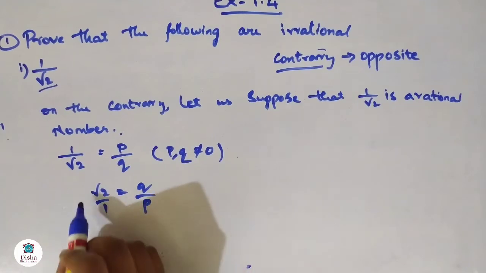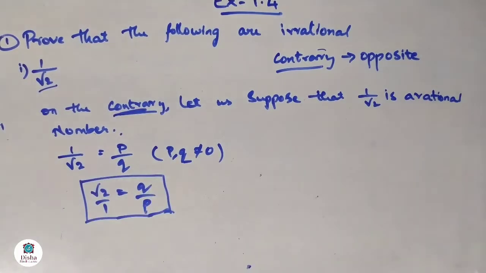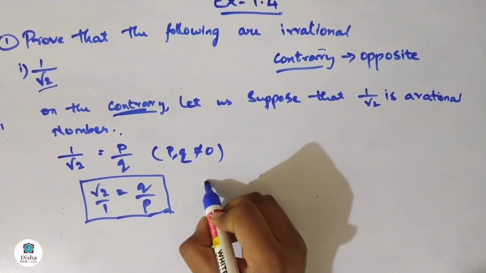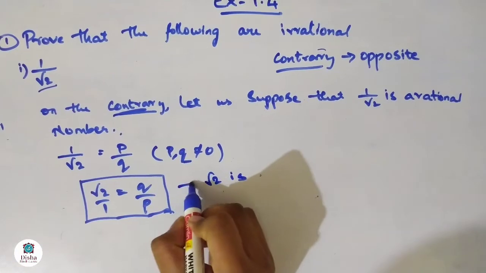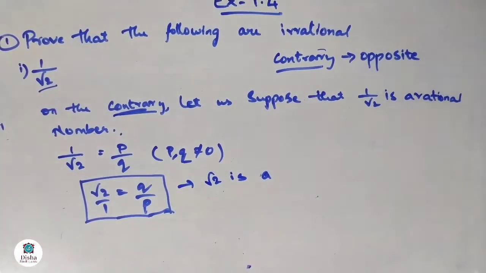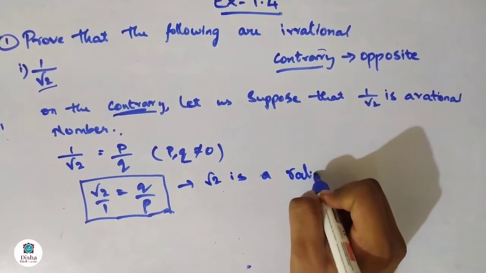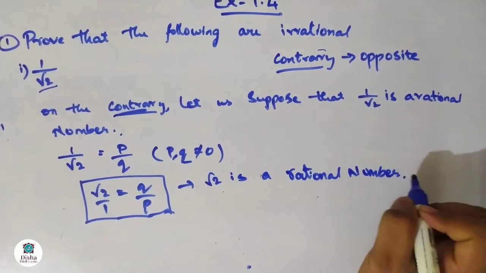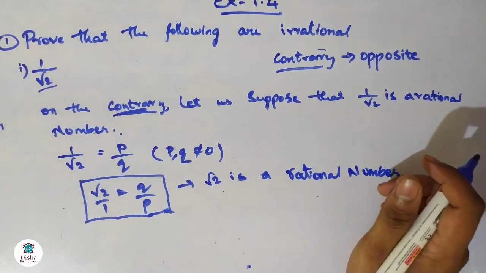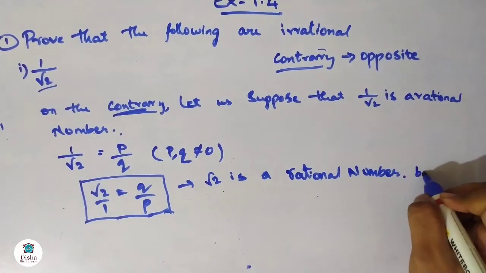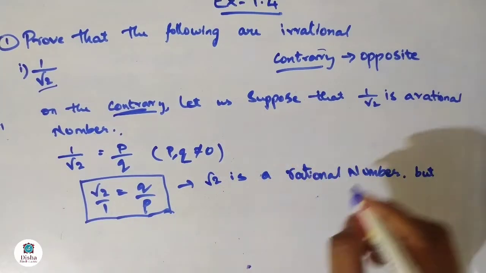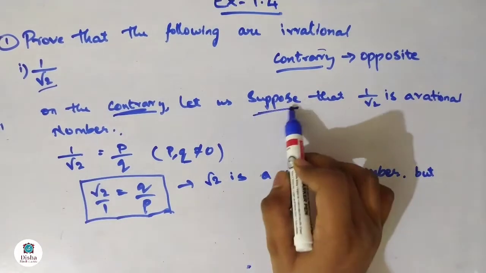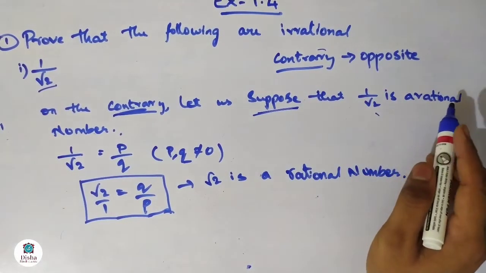So here we have root 2 by 1 equals q by p. Therefore root 2 is a rational number, right? But this contradiction arose because we have supposed that 1 by root 2 is a rational number.